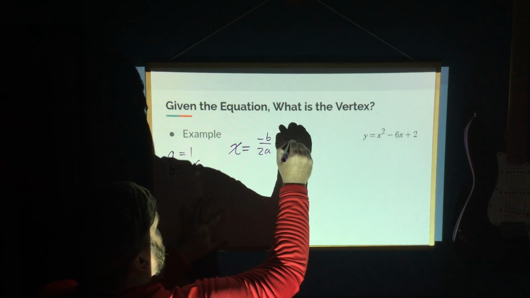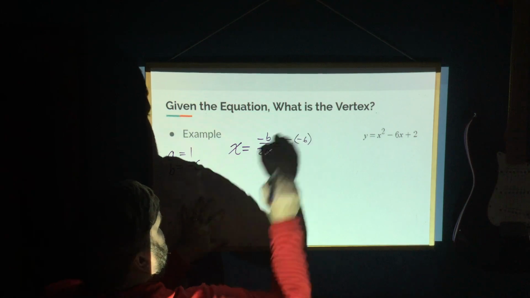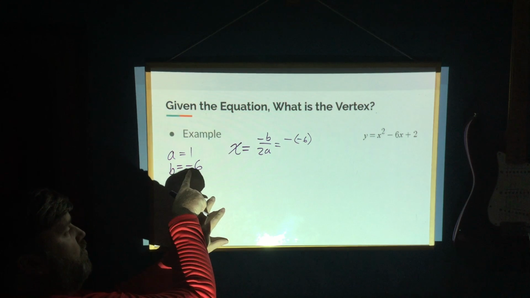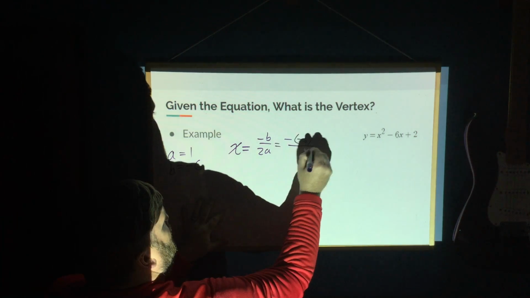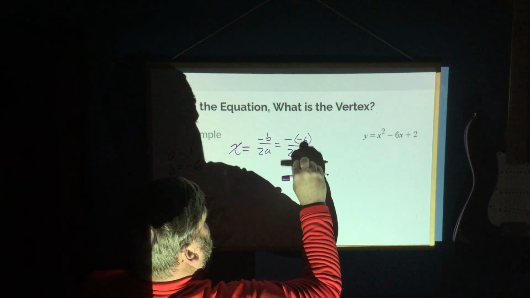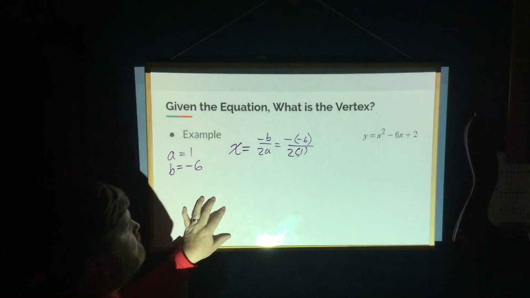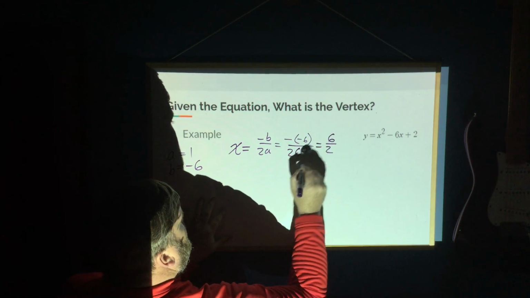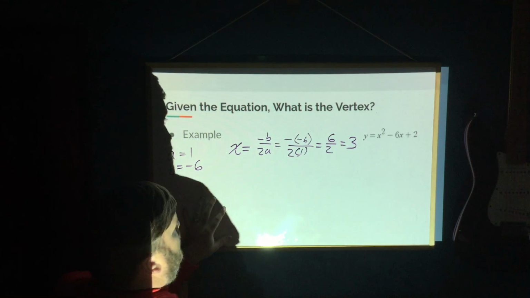So that's going to be negative b, which is negative 6. So we have two negatives there. One came from the equation, one came from the number, over 2 times 1. So that would be positive 6 over 2, which is 3.